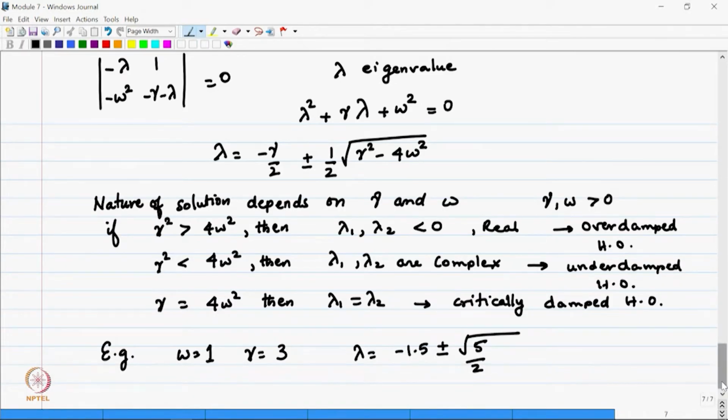If I want, I can take the 2 inside and write the square root of 1.25, which is approximately 1.1. So, I can say lambda 1 is approximately minus 2.6 and lambda 2 is approximately minus 0.4. So, then you have these two eigenvalues.